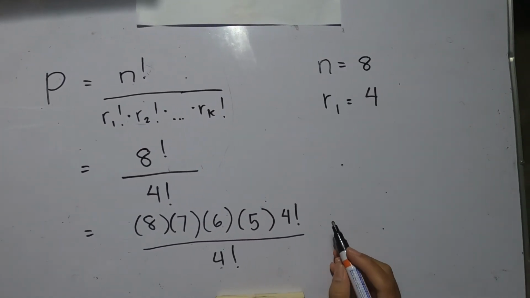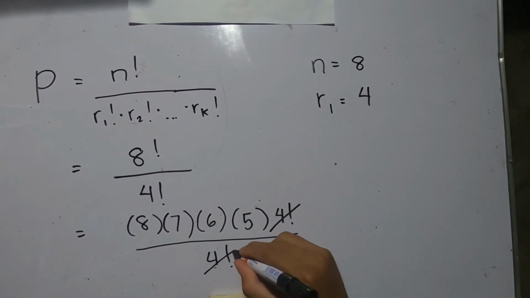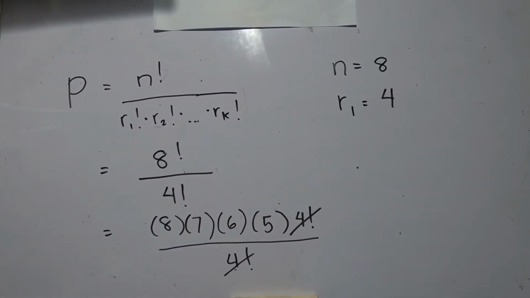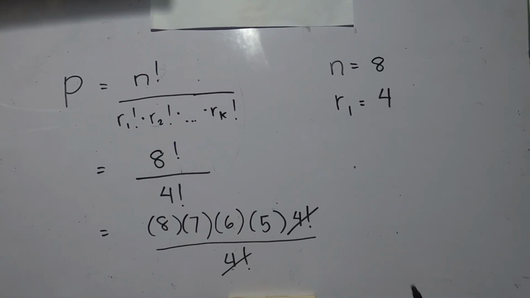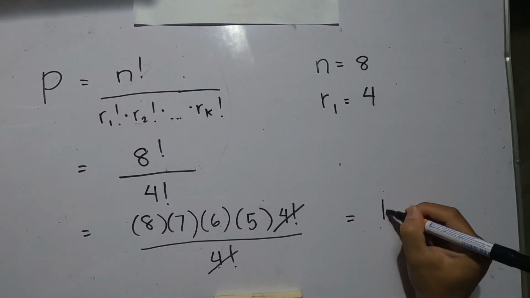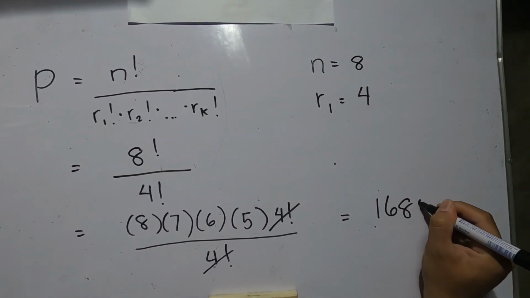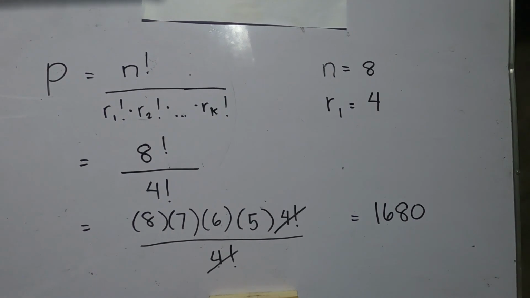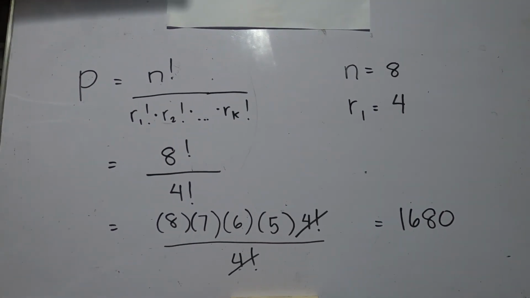And 4 factorial will be cancelled out. So we find the product of 8, 7, 6, 5. And that is 1,680. Therefore, there are 1,680 distinguishable permutations for 8 beads to be arranged in a string wherein 4 are identical green beads.